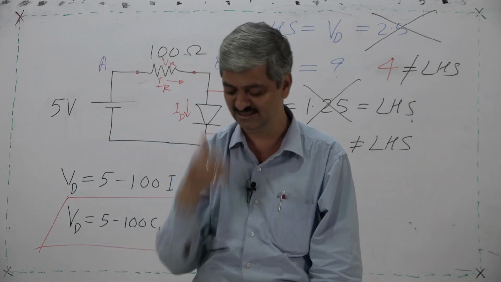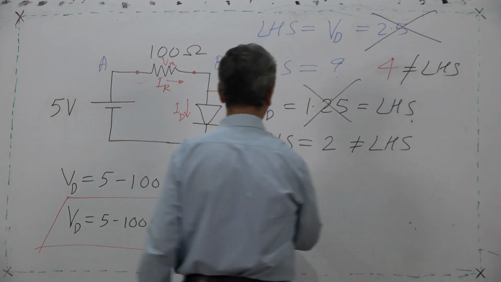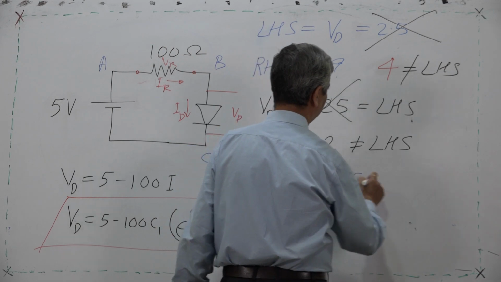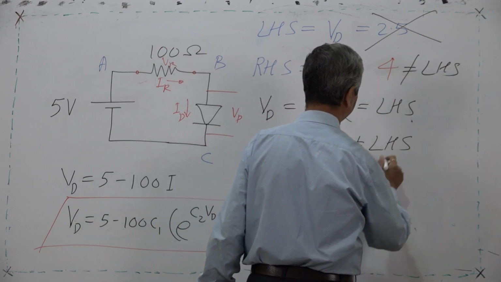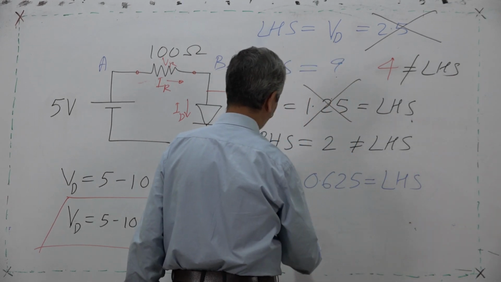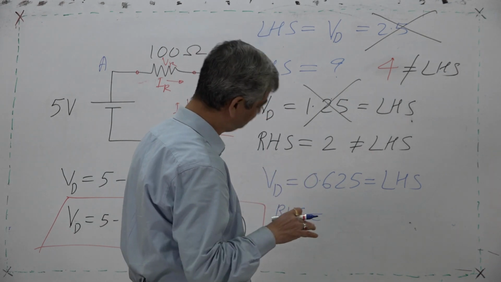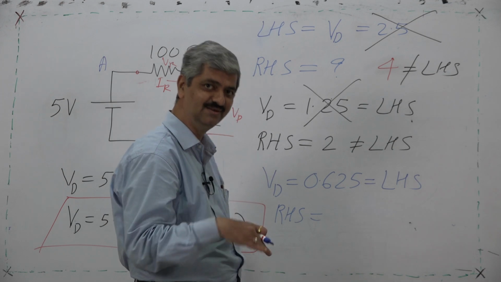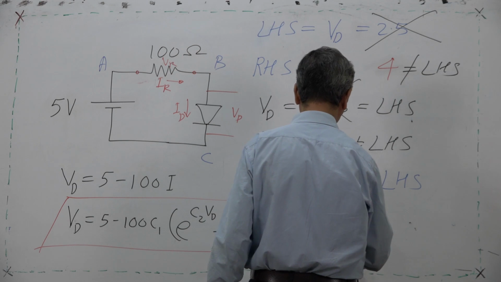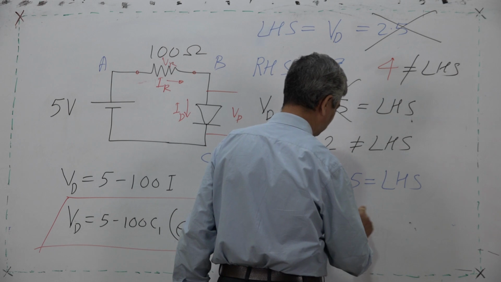You know that it is near 0.7, so you choose 0.625. Let VD be equal to 0.625, that is LHS. What is RHS? It will be not so much away, maybe, just as guesswork, 0.75.